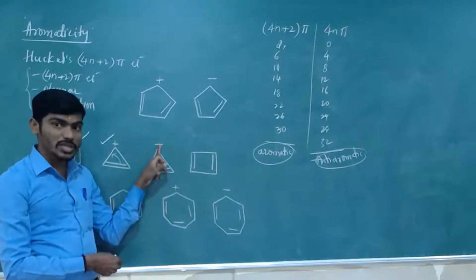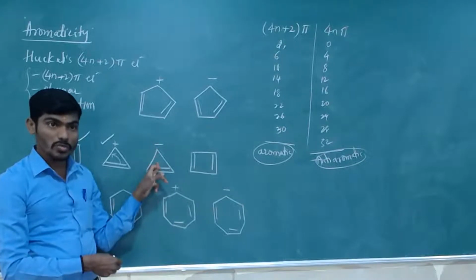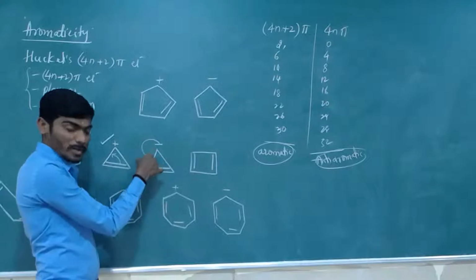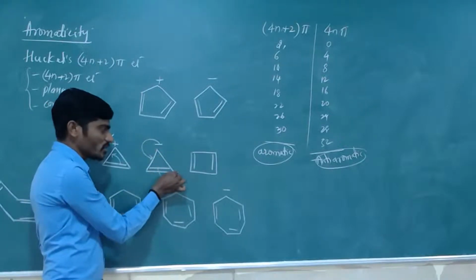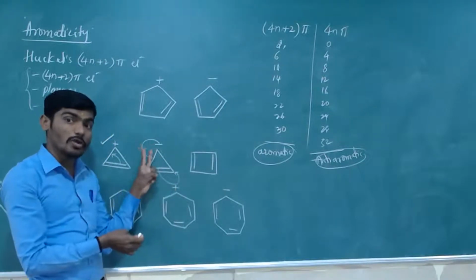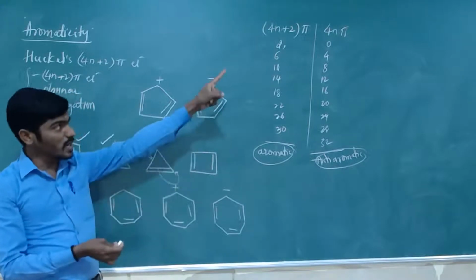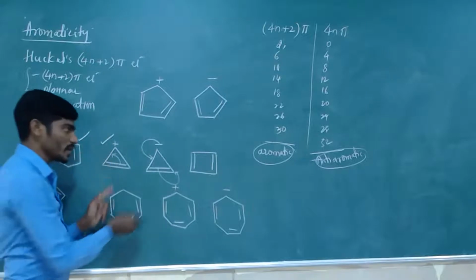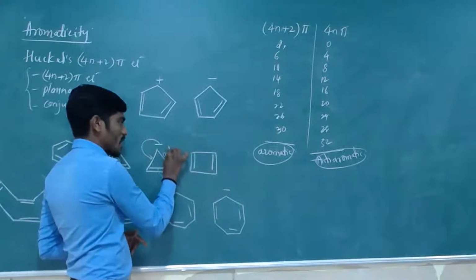This negative charge is also involved in the bonding. When these electrons are involved, it forms one pi bond, and these 2 electrons get shifted onto this. So therefore, a total of 4 electrons are there. 4 electrons means it is anti-aromatic. This one is aromatic. This one is anti-aromatic.